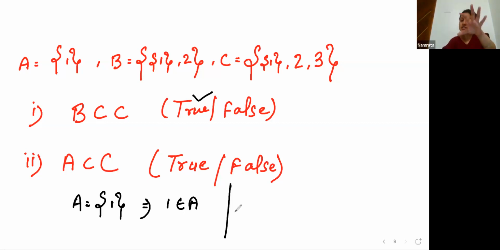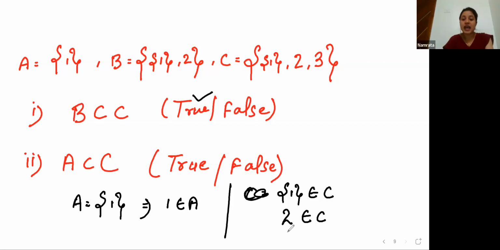Similarly, if we focus on set C, we can write as elements, this one belongs to C. Similarly, 2 is an element which belongs to C, and 3 is an element which belongs to C. So see carefully here, we cannot separate this curly bracket from this one.